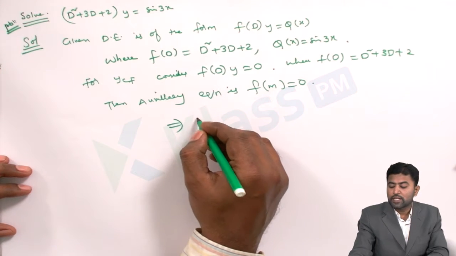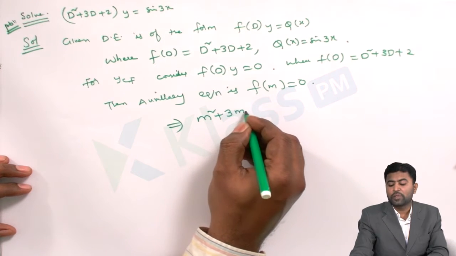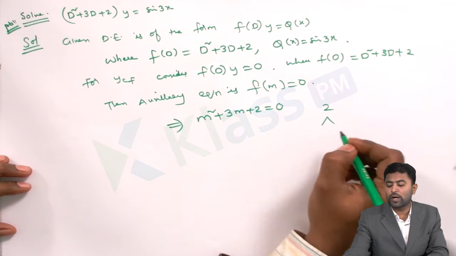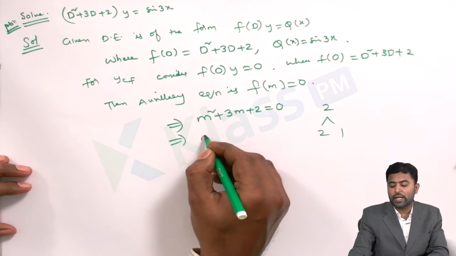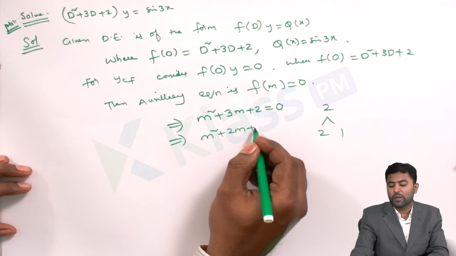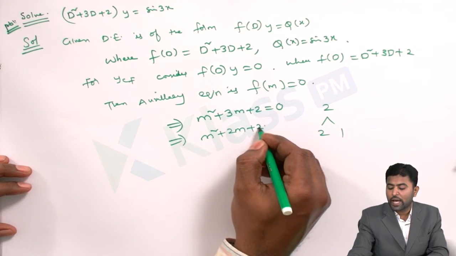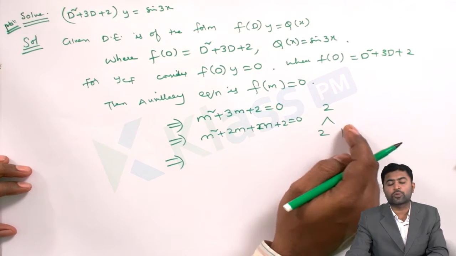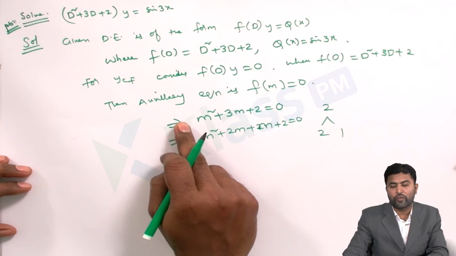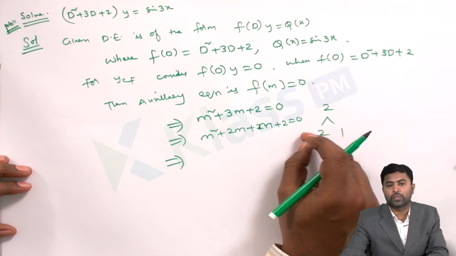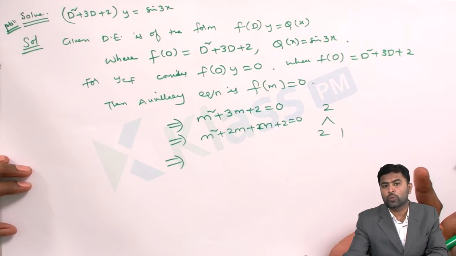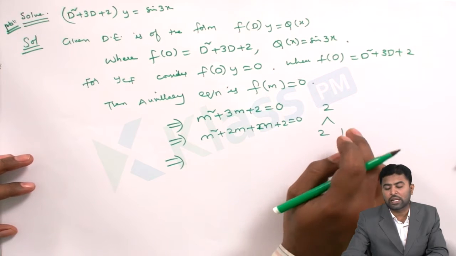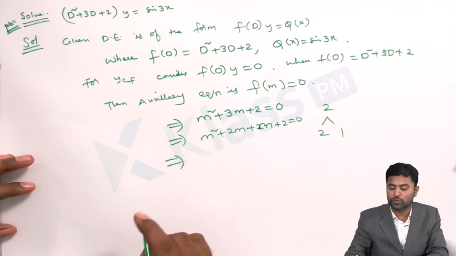Then we get m square plus 3m plus 2 is equal to 0. Then I can write this 2 as 2 and 1. So I'll get m square plus 2m plus 2 plus m plus 2 is equal to 0. Or I can also write the roots directly from this. Whenever the coefficient is 1, just put minus sign to this. Then I can write the root as m is equal to minus 2, m is equal to minus 1. You can observe that I'll get the same roots from this technique also.